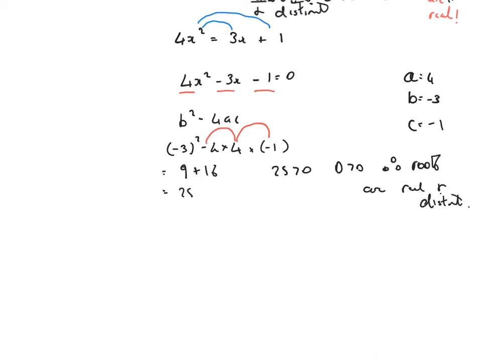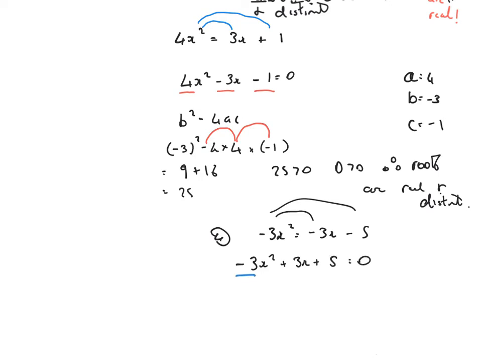Okay, let's try another one. Example 4. Minus 3x squared equals minus 3x minus 5. Okay, need to make it equal to 0, bring that stuff across. Minus 3x squared plus 3x plus 5 equals 0. a is minus 3, b is 3, c is 5. Okay, b squared minus 4ac.